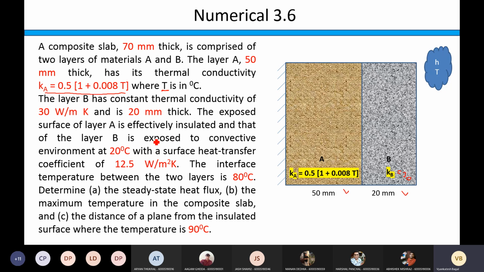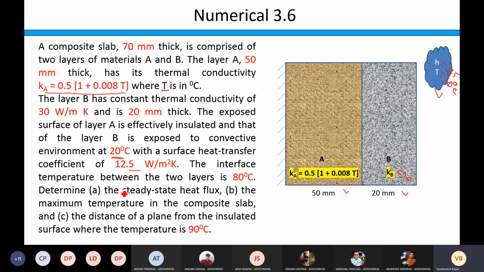We already noted down. Then the exposed surface of layer A is effectively insulated. So this is insulation. Whatever these lines I have shown now, this is insulation. Means no heat transfer will take place in this direction. Insulated, and that of layer B is exposed to convection, this side. And what is given about the convection is the environment temperature is 20 degrees C, so this temperature is 20 degrees centigrade, and the heat transfer coefficient is 12.5 watt per meter square K. Right.